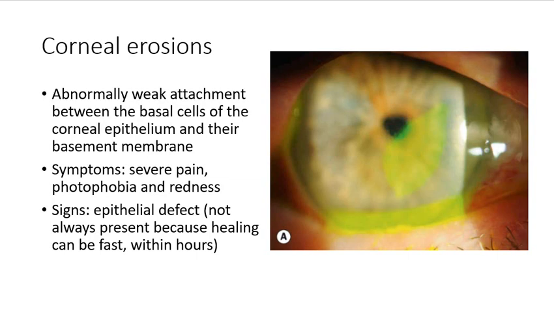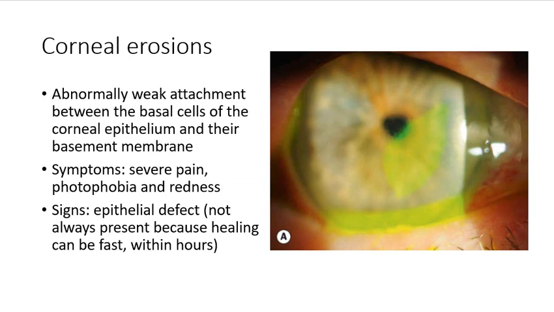The patient will arrive and tell you that they're in quite severe pain, they've got photophobia and redness, and you will see an epithelial defect, and it may not always be present, because when you look at the patient under a slit lamp, they might have already healed, because healing can be quite fast and within hours.